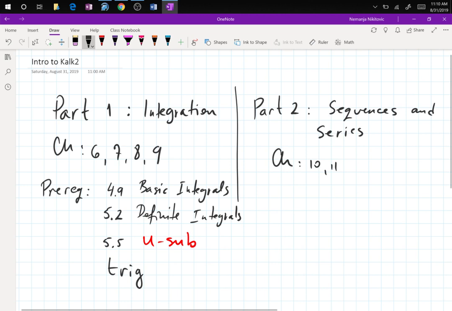And the big focus on prereq is limits. So prereq, it's going to be 2.3 limits. This is basic techniques, okay? And then we have 2.5 limits at infinity. And then finally, 4.7, this is the heavy artillery, right? L'Hopital's rule.